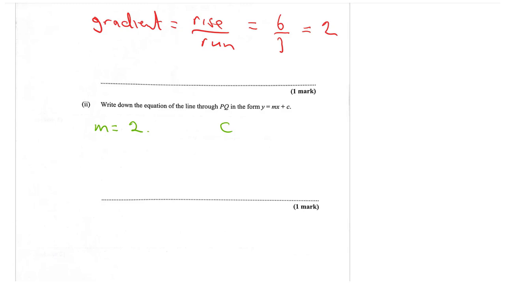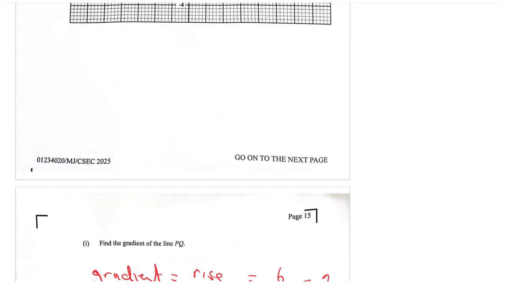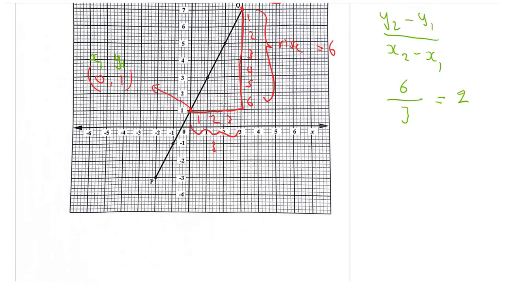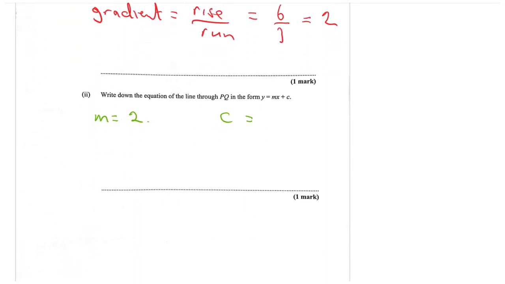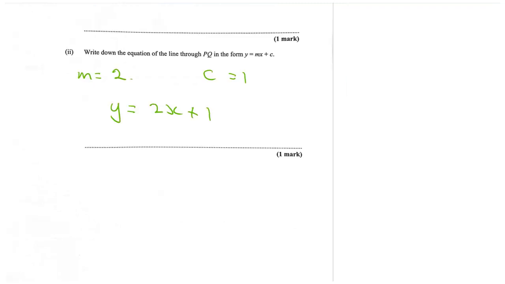C is the y-intercept, so we're going to go back to our graph, and the point right here is the y-intercept, that is 1. So recall that the y-intercept is where the line cuts the y-axis, right? So if we go down here now, c is equal to 1, so we get y is equal to 2x plus 1.